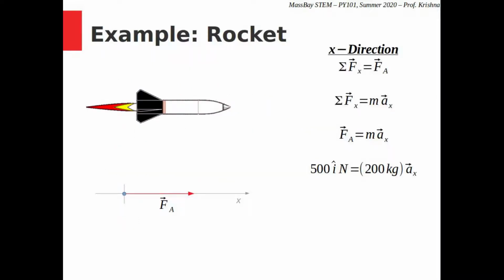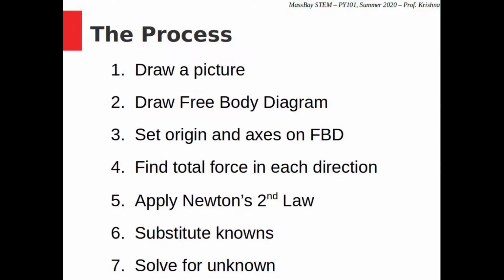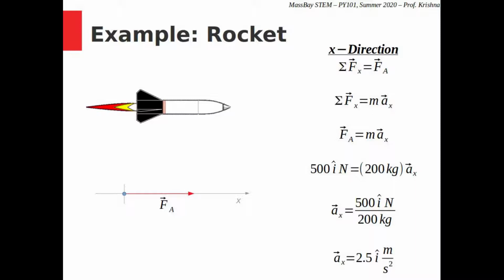Here, we know the applied force, 500 i hat newtons, the way we've drawn it, and the mass, 200 kilograms. Step 7 is to solve for the unknown. The acceleration is unknown, and we just need to divide both sides by 200 kilograms to solve for the acceleration. The acceleration is 2.5 i hat meters per second squared.